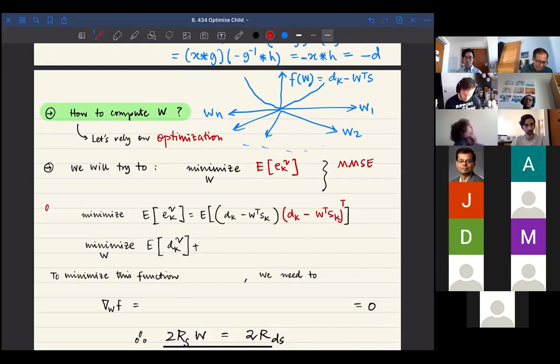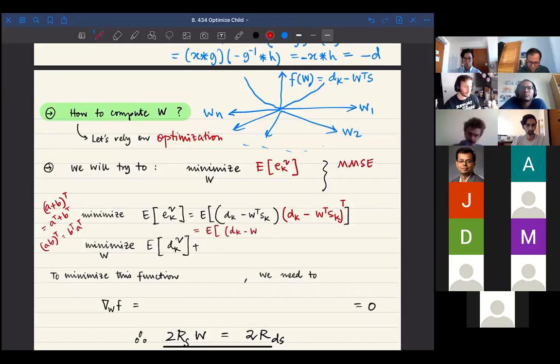Now, you know that A plus B transpose is nothing but A transpose plus B transpose. Also, AB transpose is B transpose A transpose. So then we can write this as the expectation of dk minus W transpose sk times dk transpose minus sk transpose W.